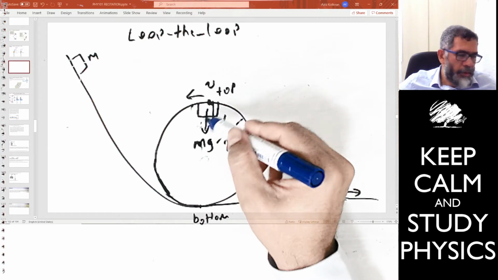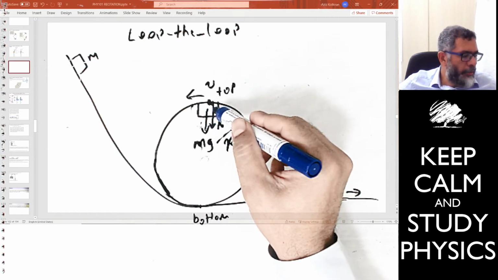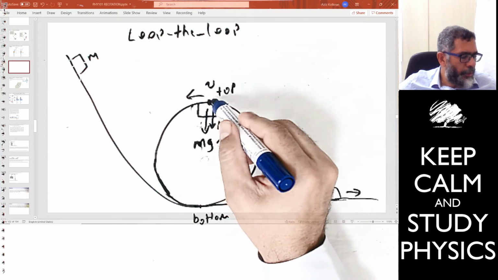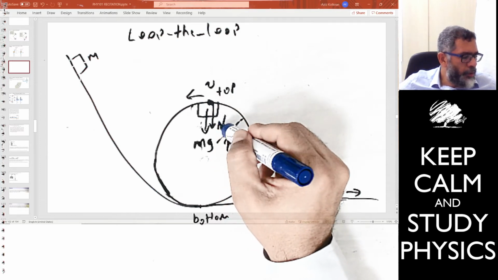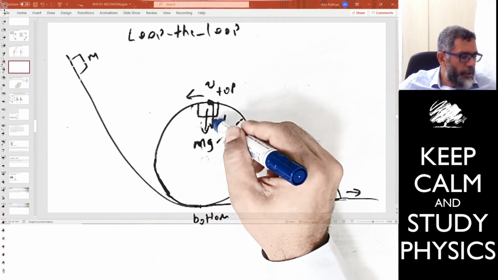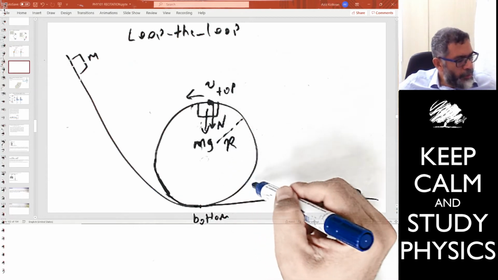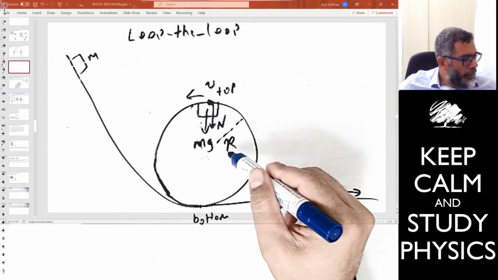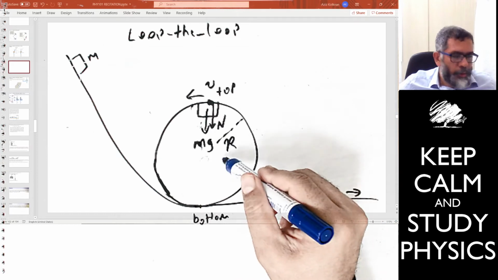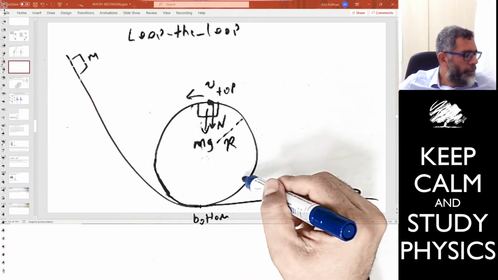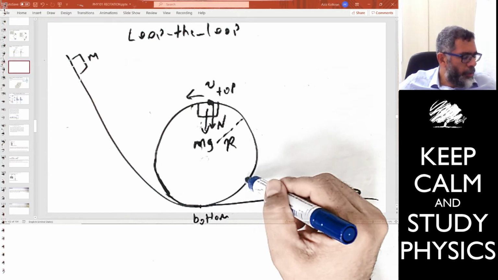Since we are drawing the free body diagram for the object at this point, we need to show the normal force in this direction, because the normal force is always directed from the road toward the object, perpendicular to the track wherever you are on the road.